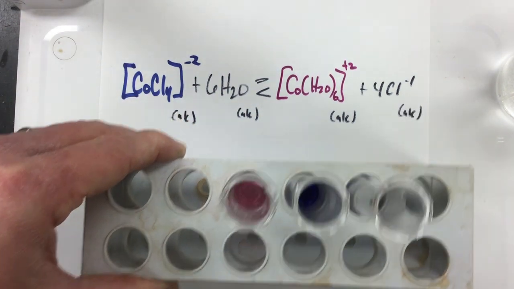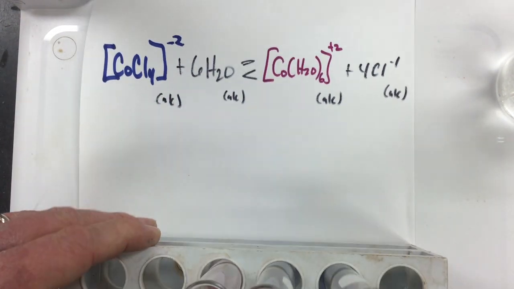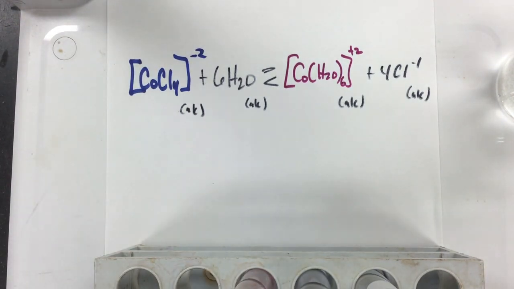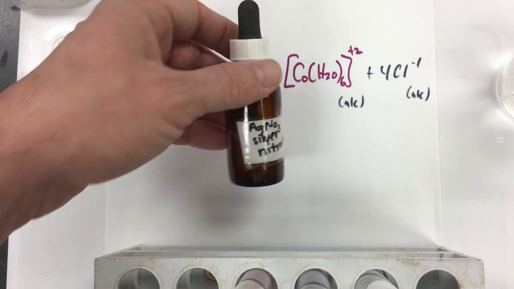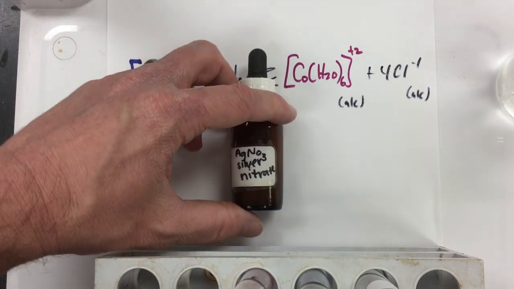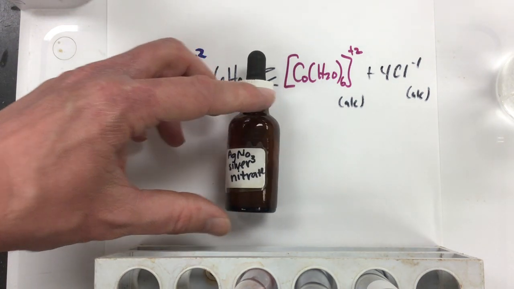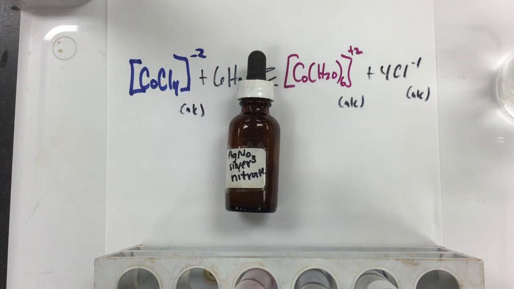Now, one trick question here. What's going to happen if I add in silver nitrate to this? What's going to happen if I add in silver nitrate to one of these guys? Now, at first glance, like a lot of the things that we have examined in this class, silver nitrate does not appear to have anything that is involved in this equation.